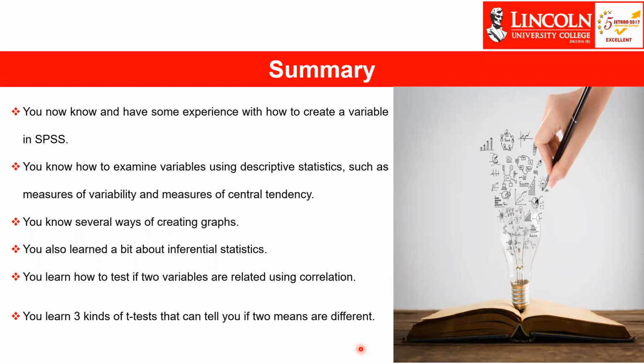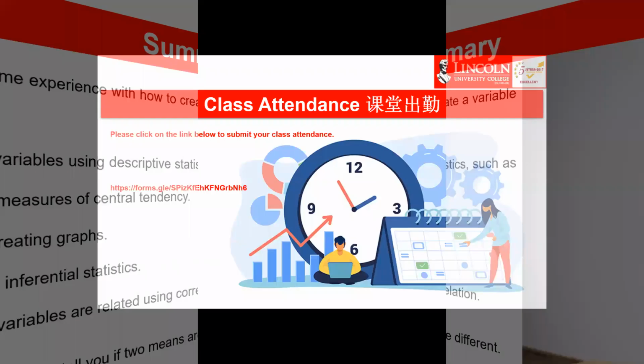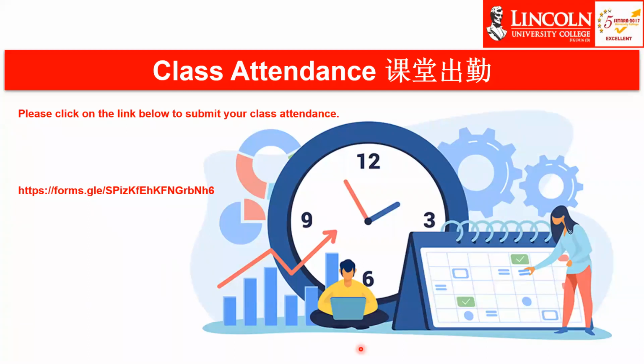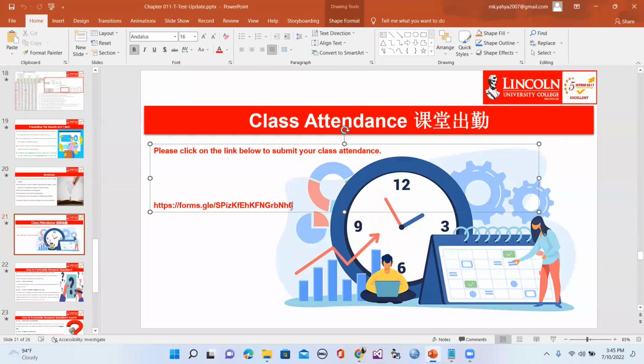So you learned how to test if two variables are related using correlation. That's what we did in our previous class. You learned 3 kinds of t-tests that can tell you if two means are different or not. All this we have covered so far. So please, I want you to go back, check what we have done, and see how they work. And if you have any challenges, you can always reach out.